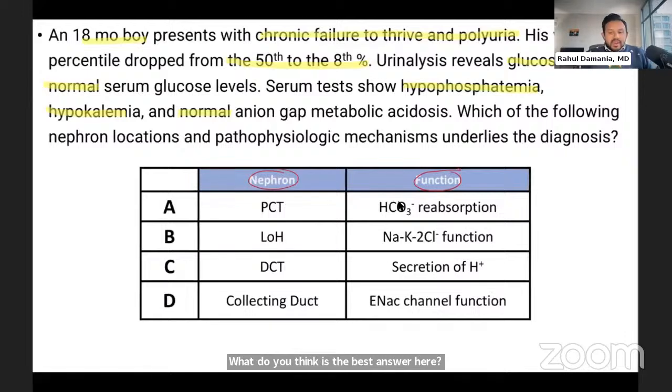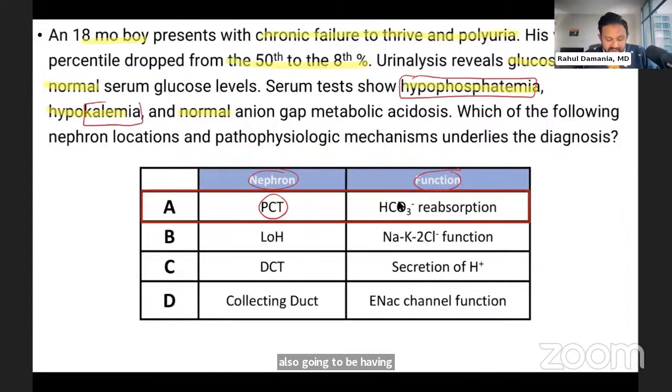Excellent. So many of you are localizing this pathology to the proximal convoluted tubule, and you're absolutely correct, because remember, proximal convoluted tubule, that is going to be reabsorbing the majority of your solutes and electrolytes. You're going to have reabsorption of things like cysteine, ornithine, leucine, arginine. You're also going to be having reabsorption of a lot of your phos as well as potassium.